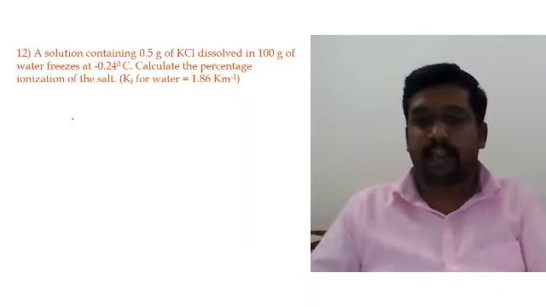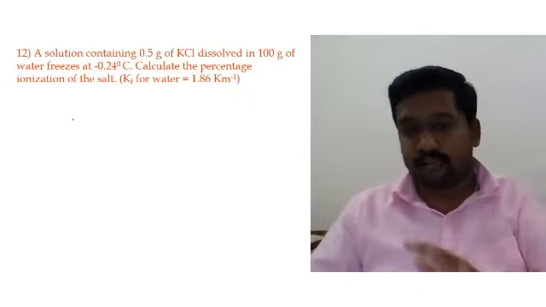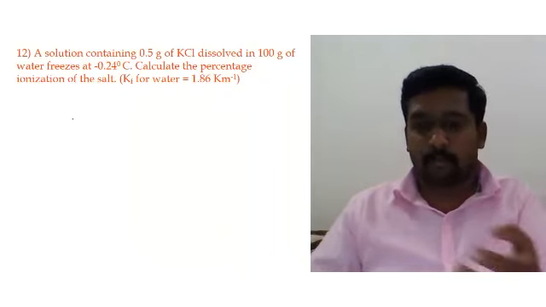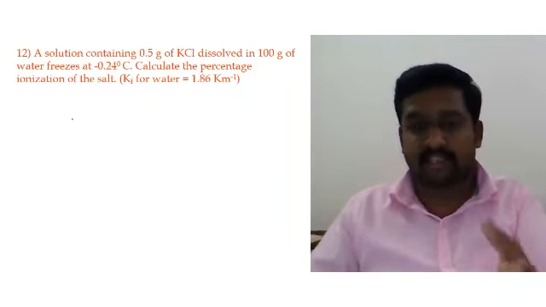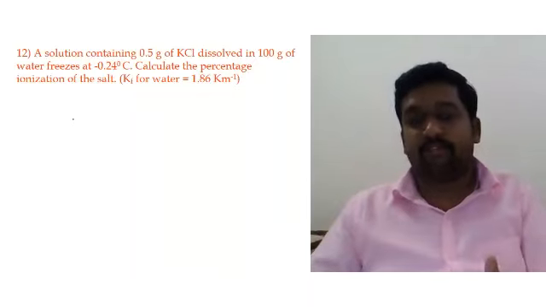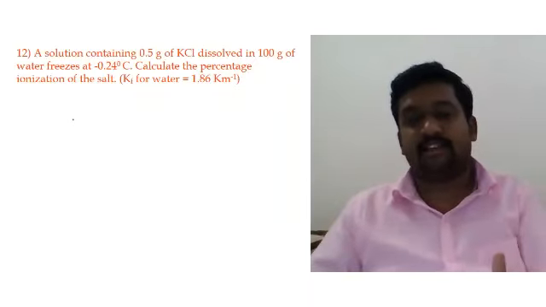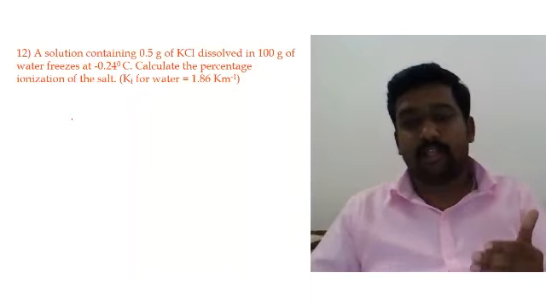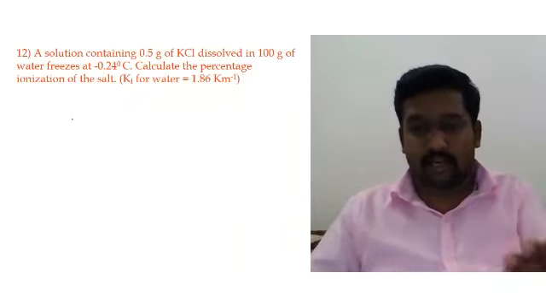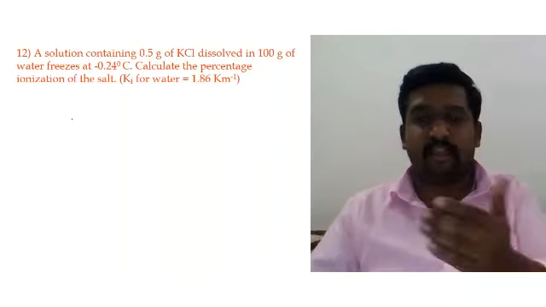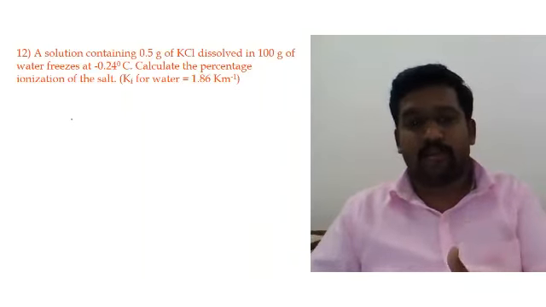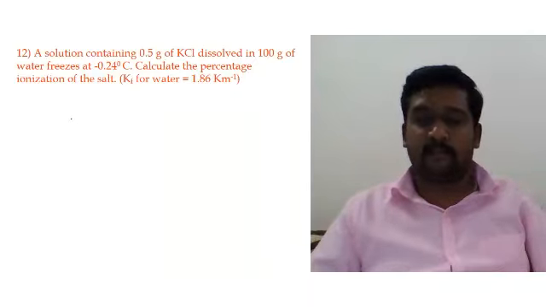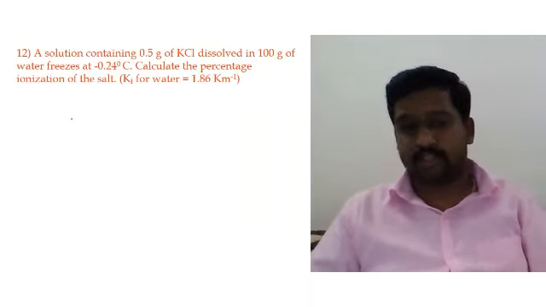So using the given data, first we will find out the possible molar mass of KCl. Using the original molar mass and calculated molar mass, we can easily find out the i value. And if we know the Van't Hoff factor, we can further determine the percentage of dissociation.